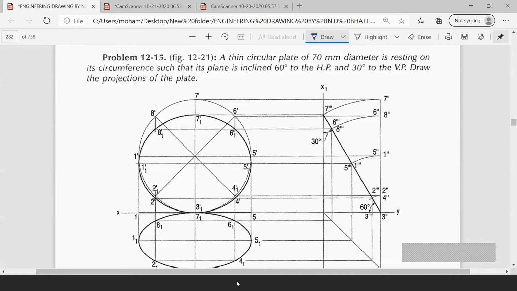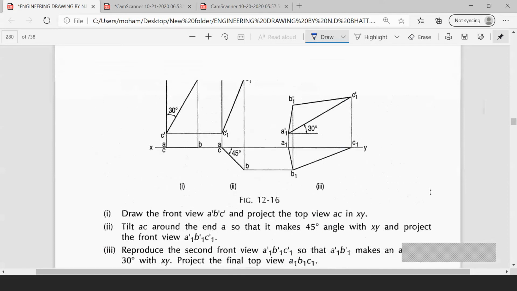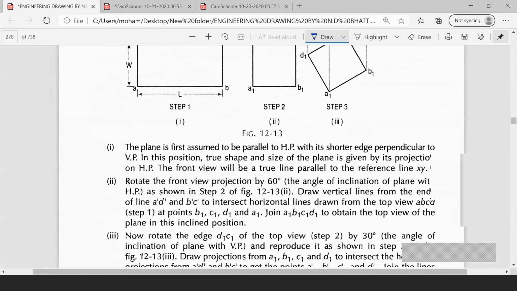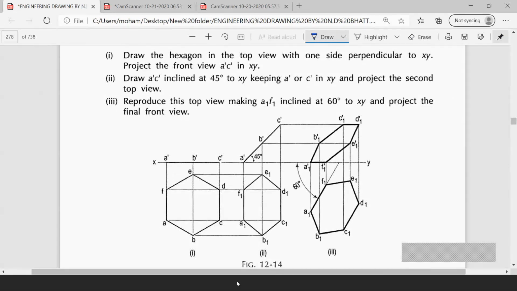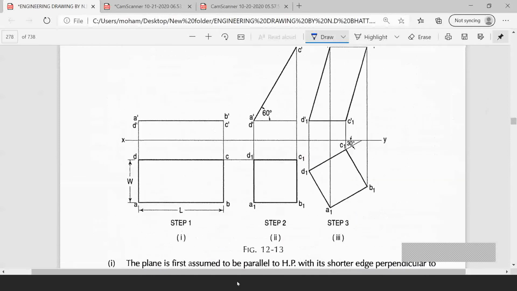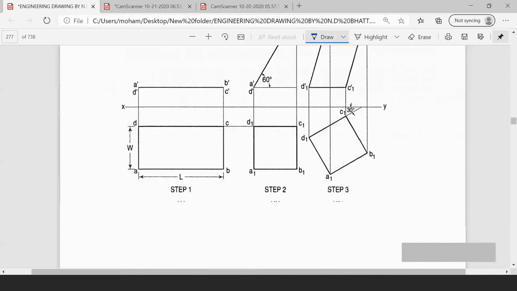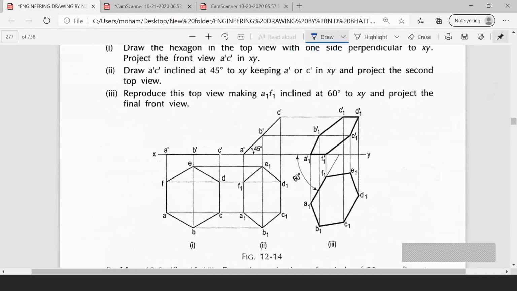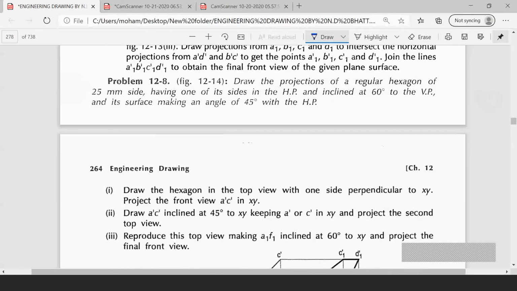This is one problem. See, we are going to do this problem.